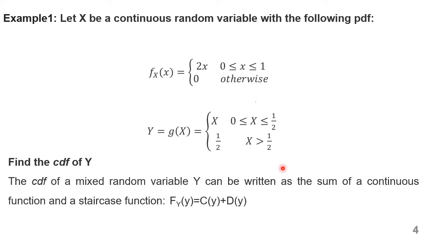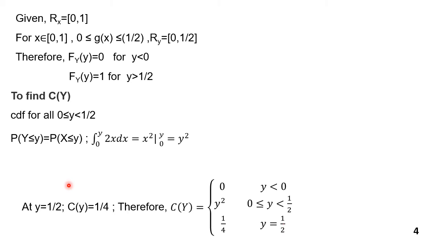Since y is a mixed random variable, the CDF can be written as the sum of a continuous function c of y and the staircase function d of y. R_X is given as 0 to 1. X can take values anywhere between 0 to 1.